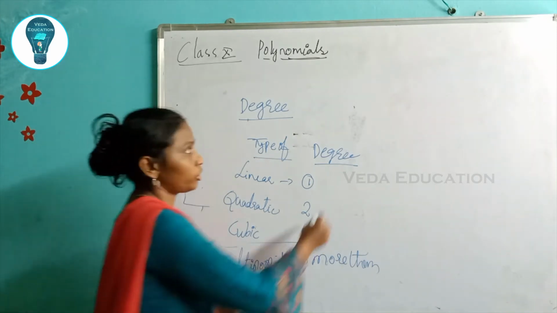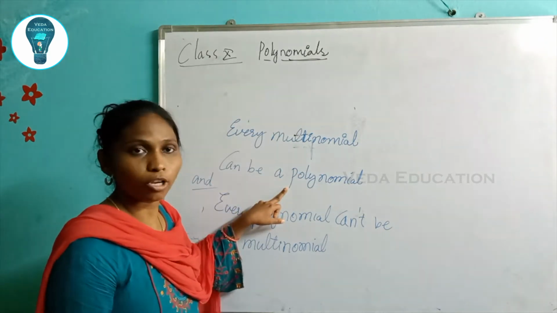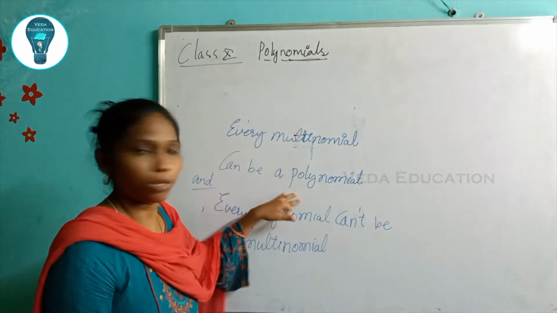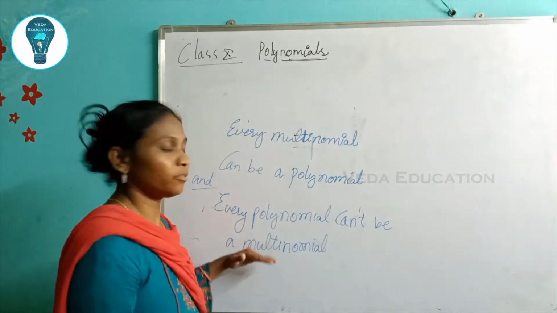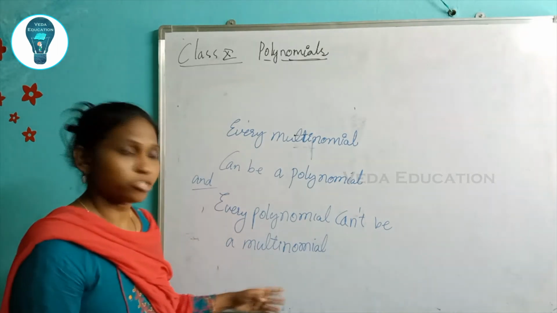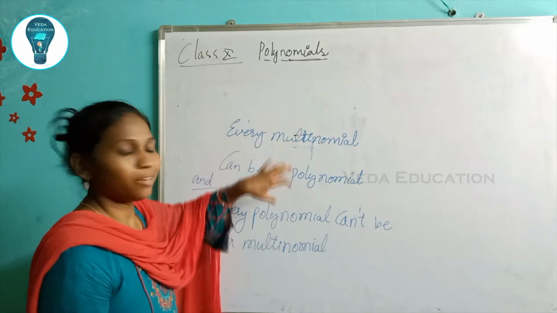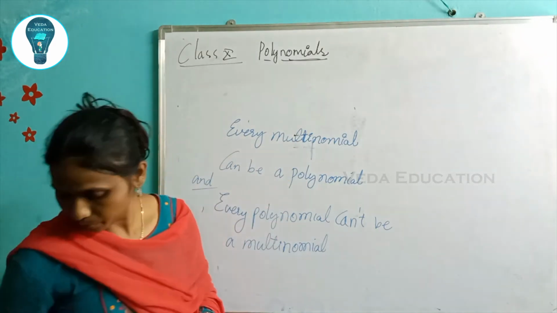Now note here, every multinomial we consider as a polynomial. So every multinomial can be a polynomial, but can every polynomial be a multinomial? No. Why? Because we can have linear, quadratic, and cubic also. So every multinomial can be called a polynomial, but every polynomial cannot be a multinomial. Got it everyone?